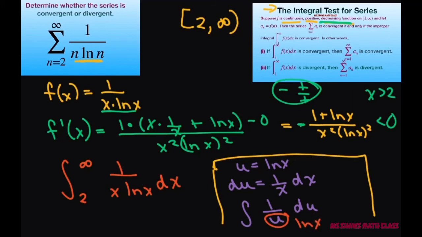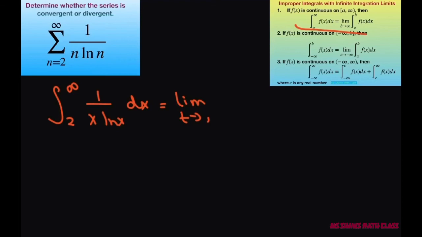Let's use the integral test for improper integrals. The integral from 2 to infinity of 1 divided by x ln of x dx equals the limit as t approaches infinity of ln of u, but our u is ln of x, evaluated from 2 to t.